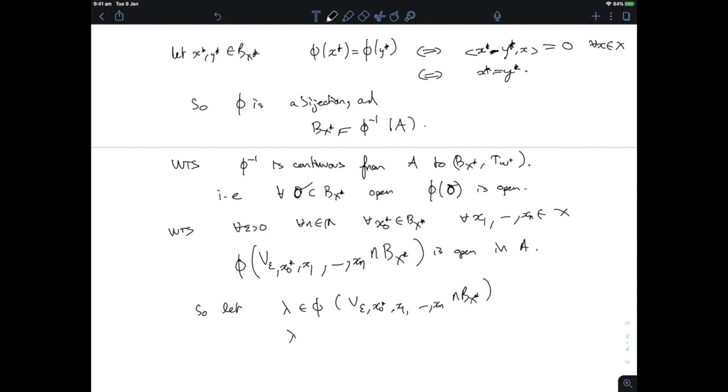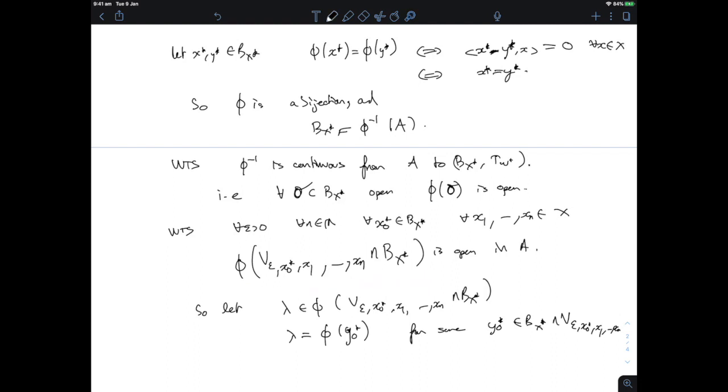So this lambda is going to be a phi of some, let's call that y0 star, for some y0 star in B of x star intersected V epsilon x0 star x1 till xn. Right, and what I need to do is find a neighborhood of lambda in A that is included in phi of this. So what is it going to be?